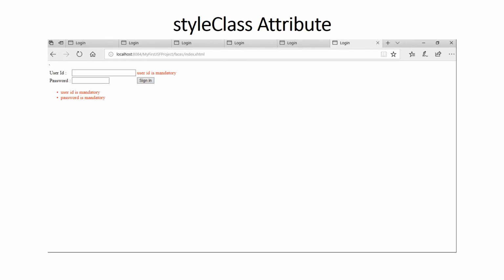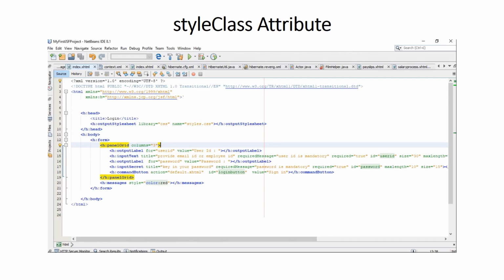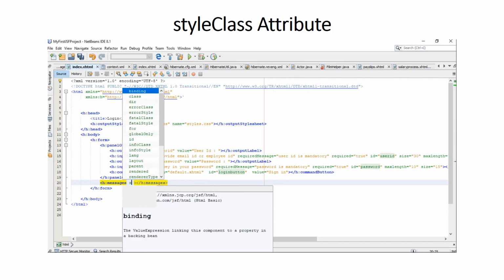Now let's see how the style class attribute works. Let's go here. I'll remove the style attribute and then put a style class attribute.